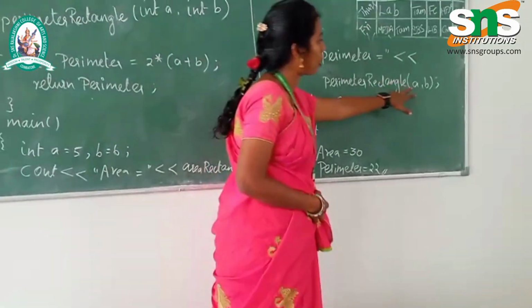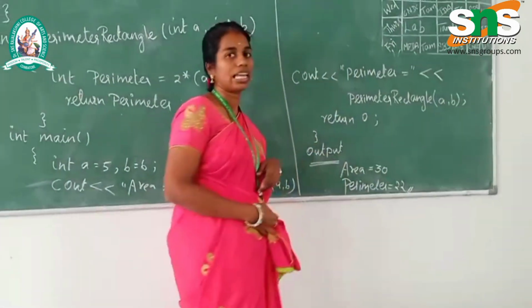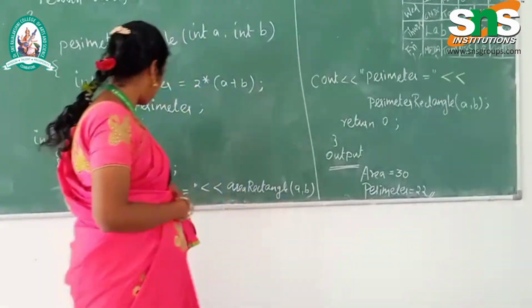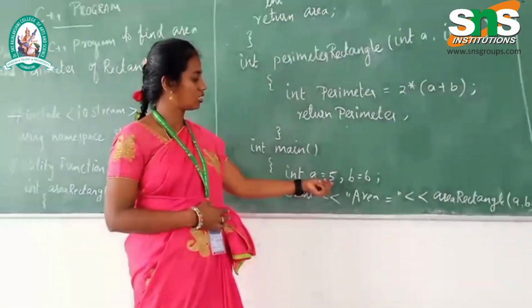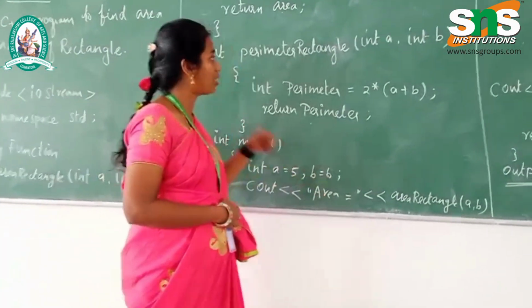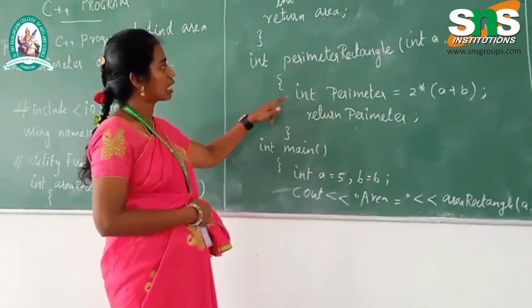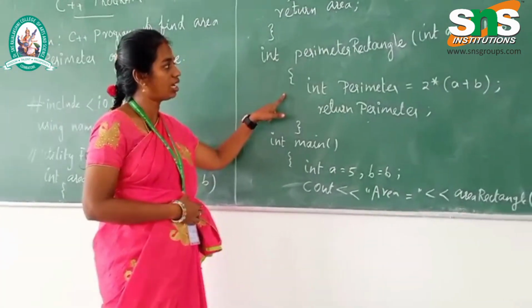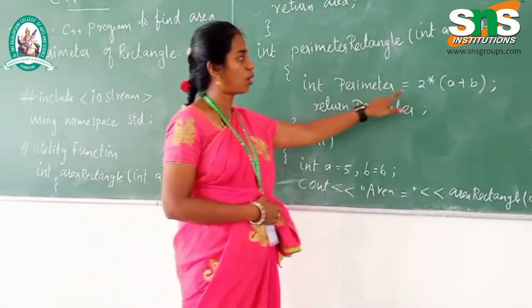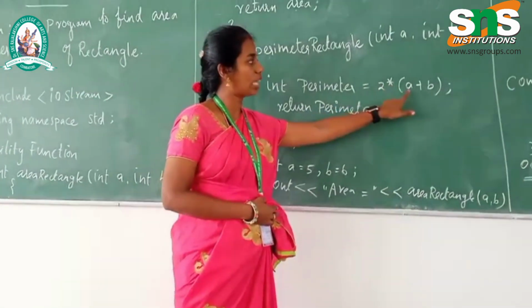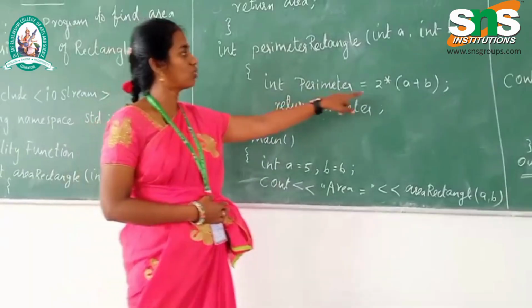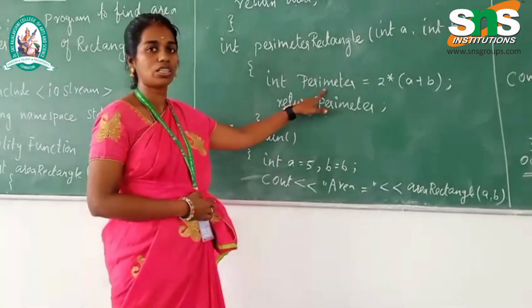For that, we are passing two values, a and b, which are already initialized in the main function. The calculated value is stored in the variable called perimeter.